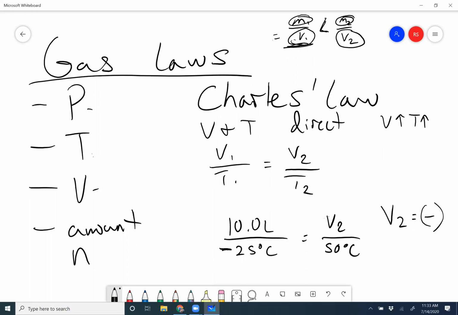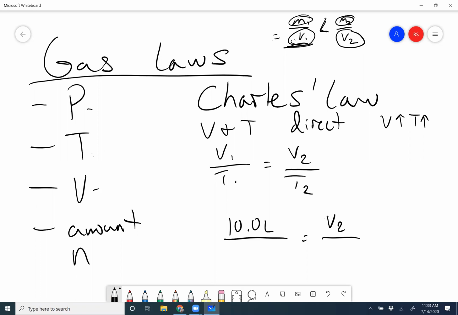And the answer is we don't know, because a vacuum is 0 volume. What is negative volume? So this was impossible. So another benefit for Kelvin was to get rid of the negative numbers. So instead of negative 25 degrees C, we just add 273 Kelvin.